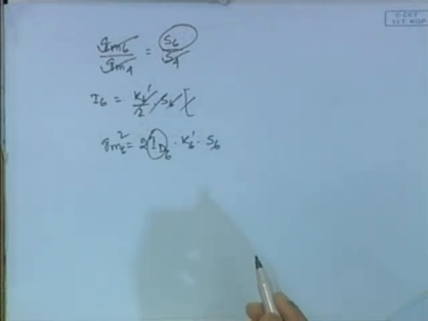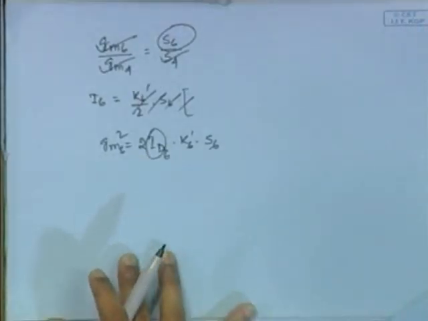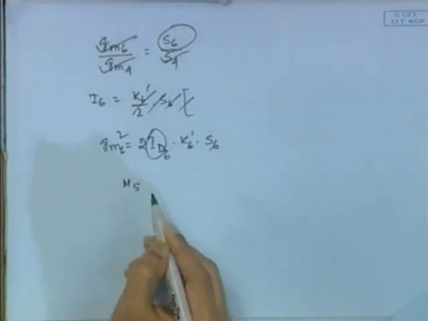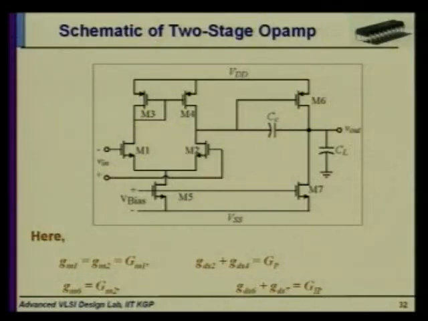Clear? So this ID6 will also flow through M7, the same current. The same current flows through transistor 7 also. So what is the aspect ratio of transistor 7? You can take the current ratio for the M5 and M7 transistors, these two transistors: the current flowing through this transistor and through this transistor. What is the ratio of that?